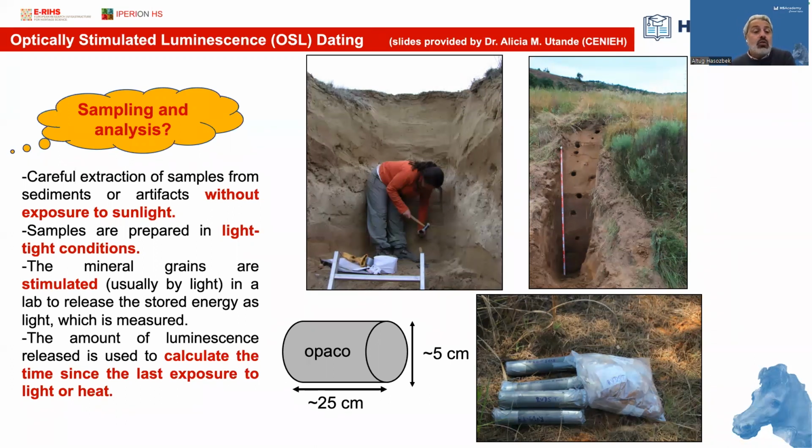The amount of luminescence is used to calculate the time since the last exposure to light or heat. Here you can see the tubes to be measured by the OSL technique.